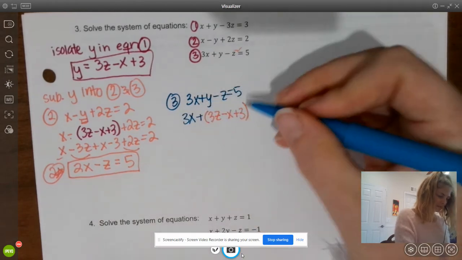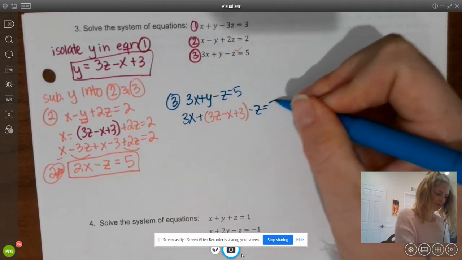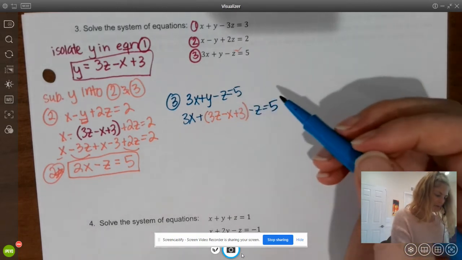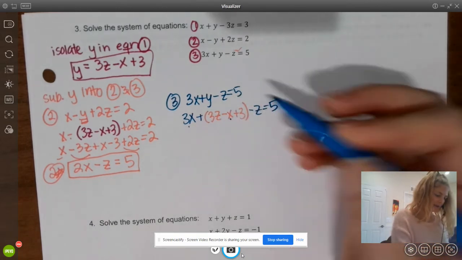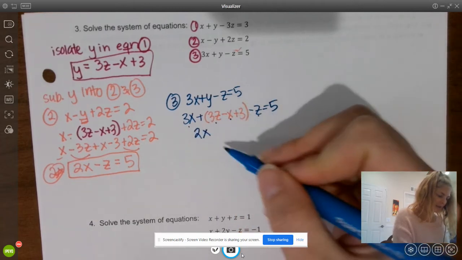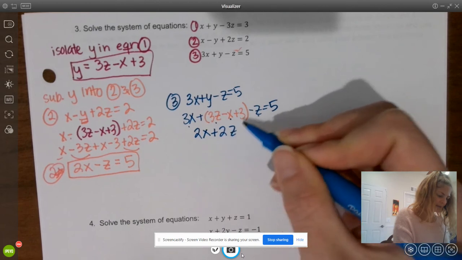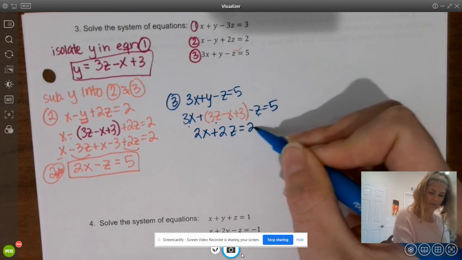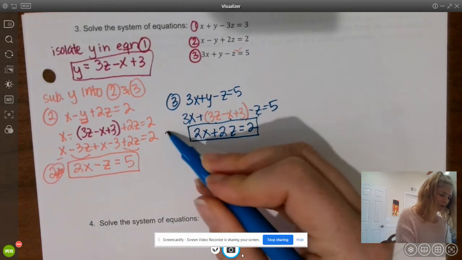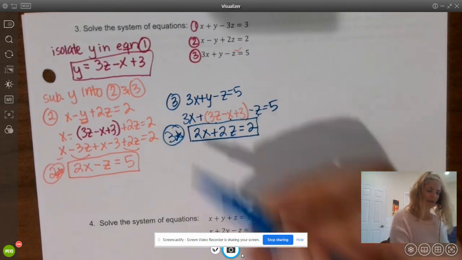So 3x plus the y value minus z is equal to 5. We got this. Power through. Okay, so combining like terms, 3x minus x is going to get me 2x. 3z minus z is going to get me 2z. Subtract 3 from both sides is equal to 2. Lots of fun 2 stuff. The 2-step. Okay, so that's 3 stars.